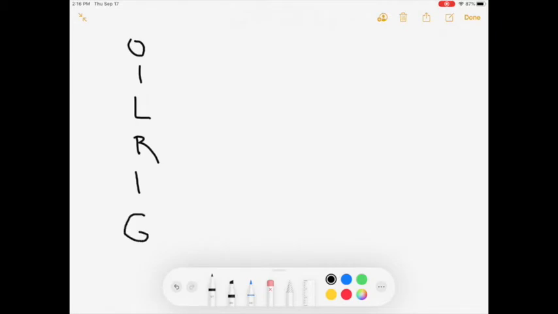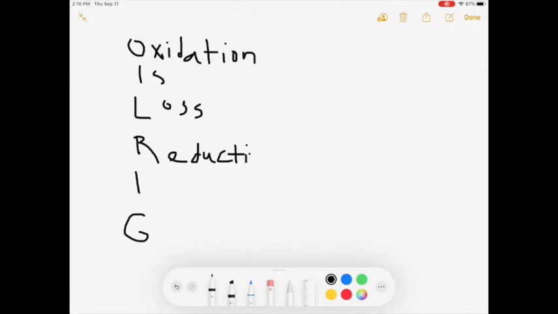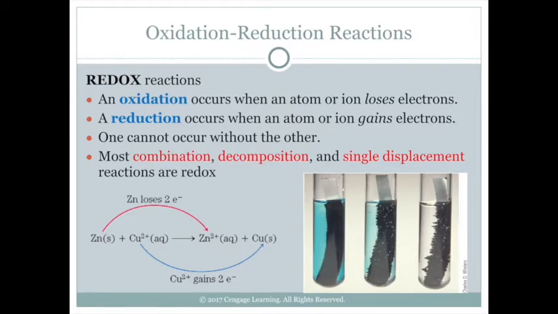Okay, so OIL RIG means oxidation is loss and reduction is gain. So that kind of helps to remember, what does it mean when we're losing electrons? What does it mean when we're gaining electrons? What is the word for that? So that's just to help.